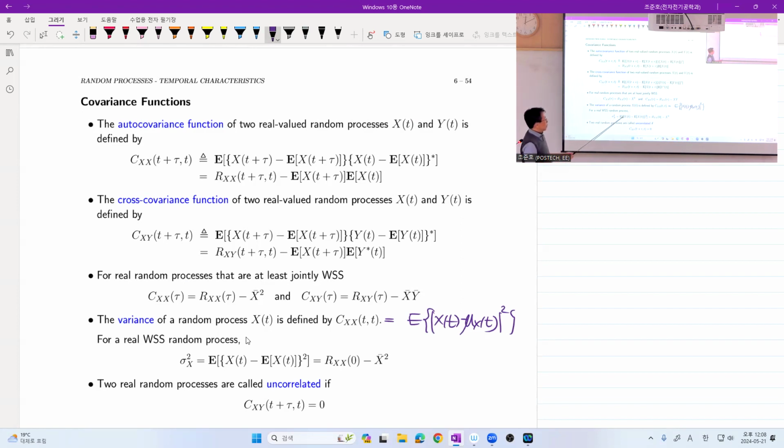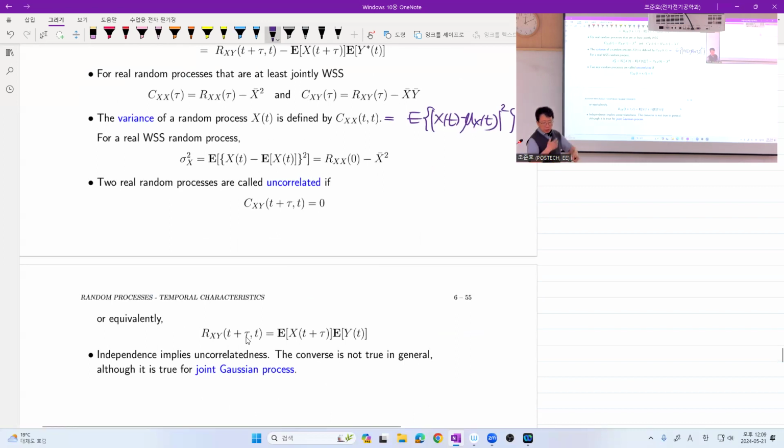And for a wide-sense stationary random process, as we've seen already, the autocorrelation evaluated at 0 minus the mean squared becomes the power of the random process. Actually, the power, the covariance of the random process.